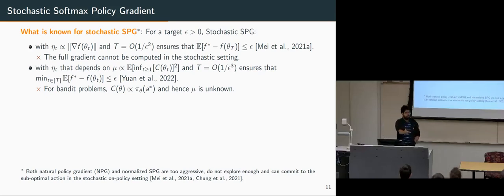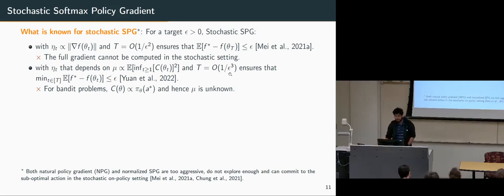Mu in turn depends on C of theta. C of theta in turn depends on pi theta a star, so you can't implement this. Okay, so that's not good. Oh, so C in the bandit case is proportional to the probability of pulling the optimal action. Oh, so it's the constant for the Lojasiewicz condition.